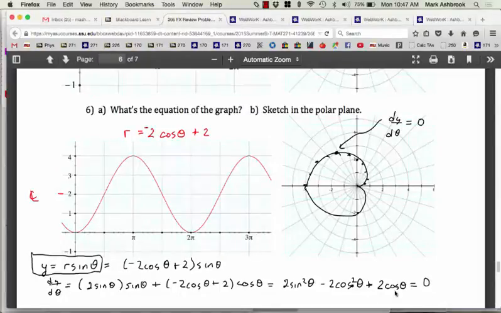So really, what we have is a quadratic function, but in these trig functions. So what we can do is get it all in terms of cosine. So how can we rewrite sine squared in terms of cosine? 1 minus cosine squared, okay? So we have 2 times 1 minus cosine squared minus 2 cosine squared plus 2 cosine.